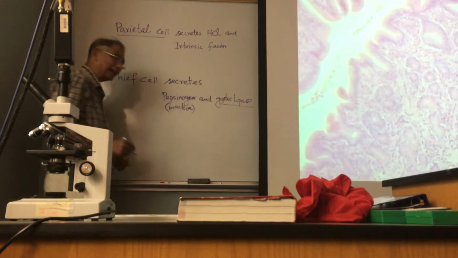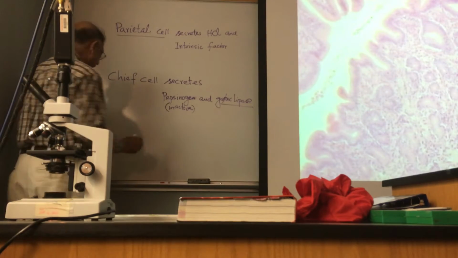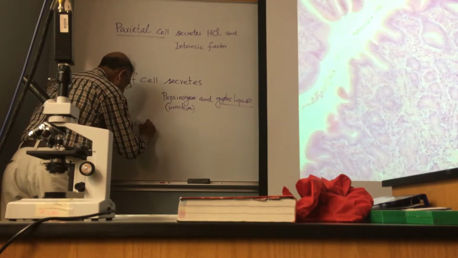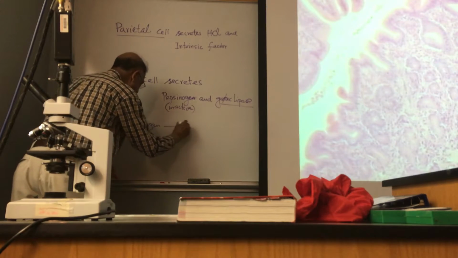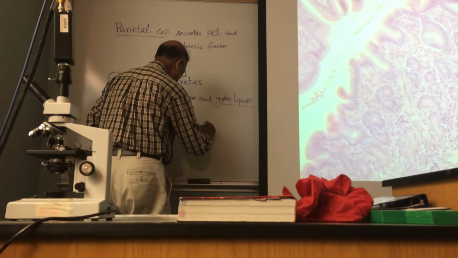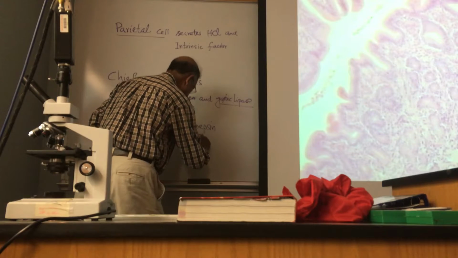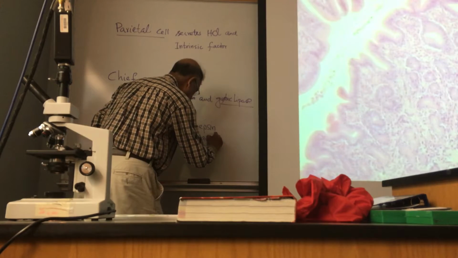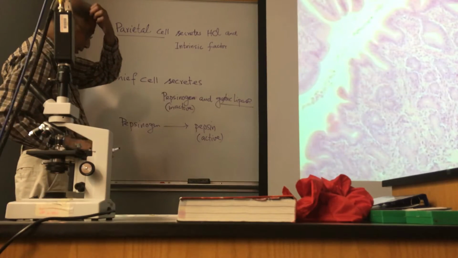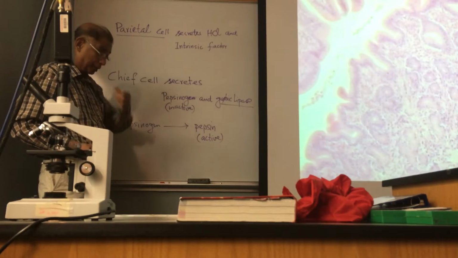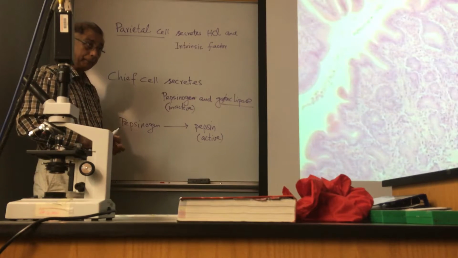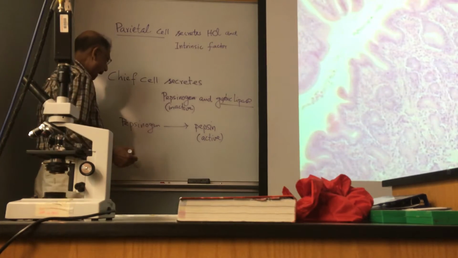It must be activated, and pepsinogen is activated to pepsin. This is the active form. It breaks the protein, large protein molecules, into small peptides like dipeptides.